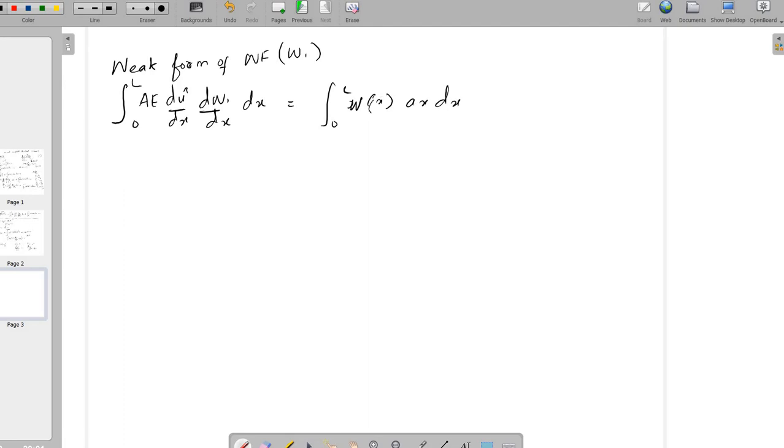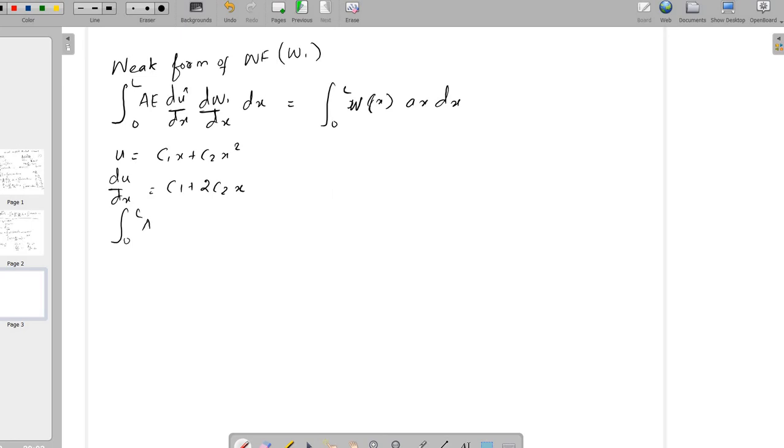This is the formula, where u is equal to c1x plus c2x square, so du by dx is equal to c1 plus 2c2x. Substitute du by dx in the above formula.